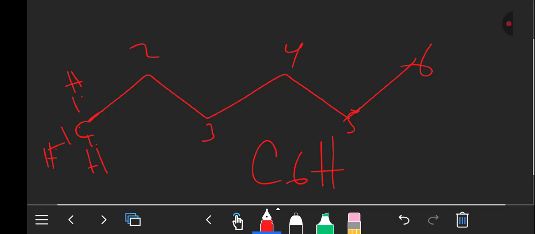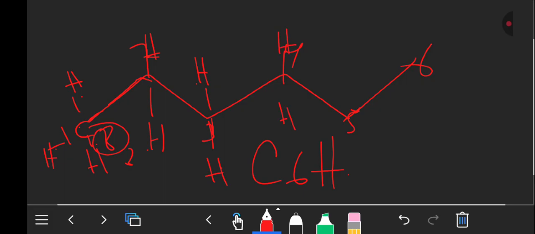So H3 there, plus here there are only 2 bonds, so there's hydrogen there, even hydrogen there, so plus 2 hydrogen, that is 5, plus even here there's hydrogen there, there's a hydrogen there, so it will be 7. Even there's hydrogen, that will be 9. Even there's hydrogen, that is 11. Even at the end there are 3 hydrogens because there's carbon.